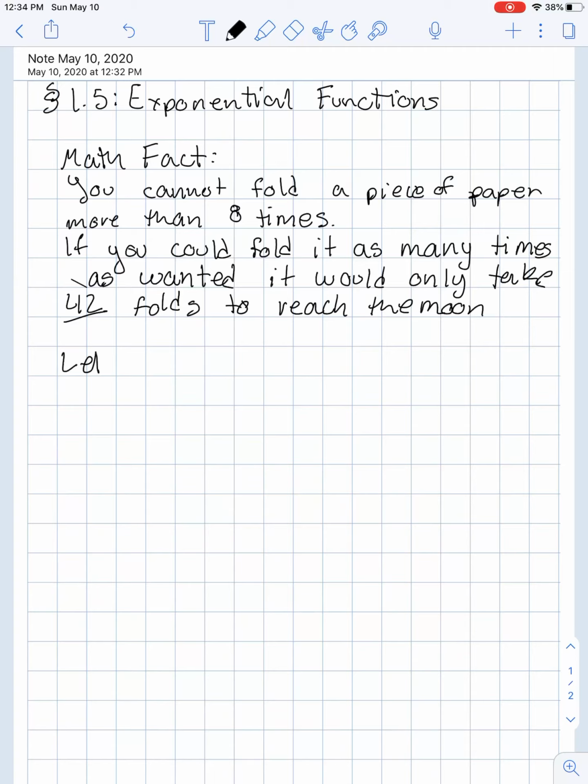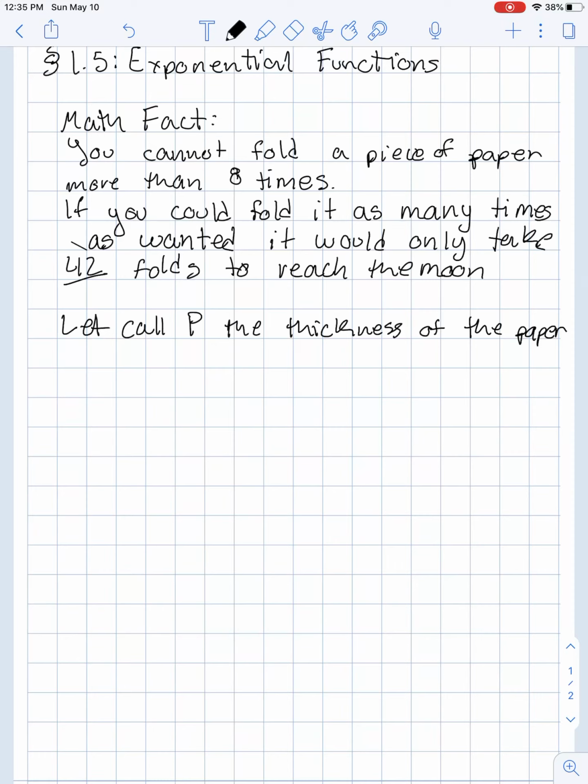Well, what does this have to do with exponential functions? Let's call P the thickness of the paper. So if I don't fold it at all, it's just P. After one fold, if I fold it over itself once, I'm going to have 2P.